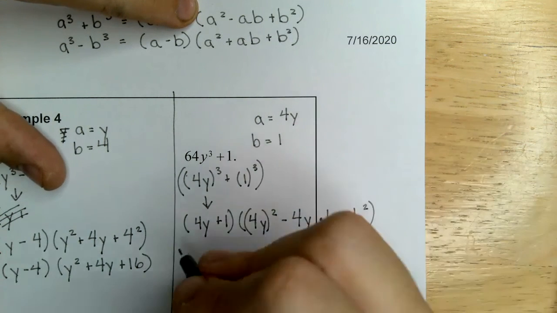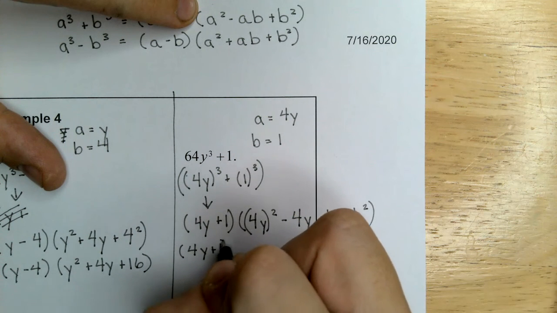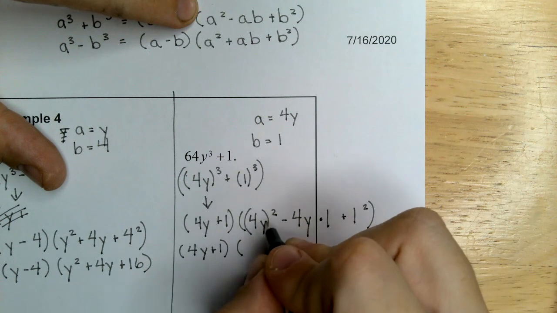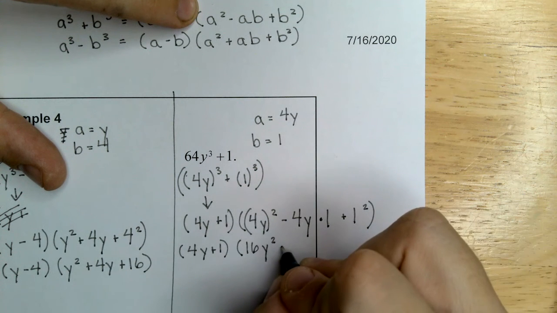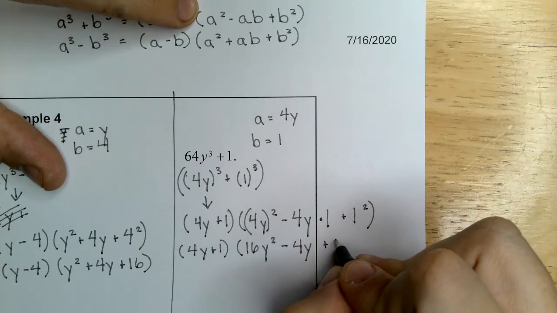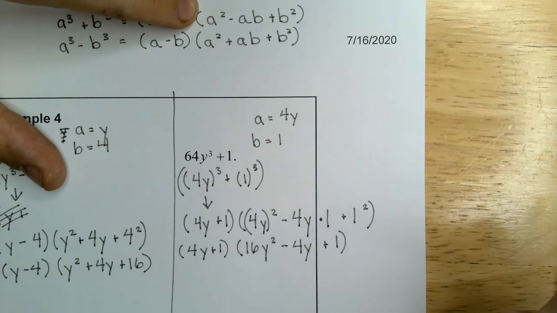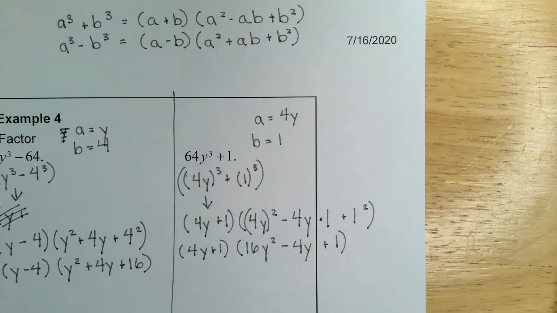Just going to make it a little bit simpler. 4y plus 1 times the quantity, 4 squared is 16, y squared is y squared, minus 4y, I can leave off the 1, plus 1 squared is 1. Okay. 4y plus 1 times the quantity 16y squared minus 4y plus 1.